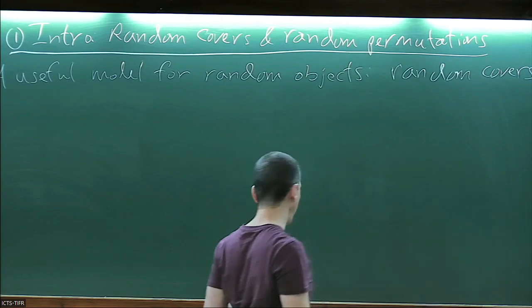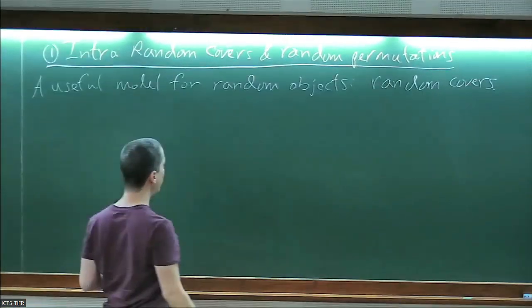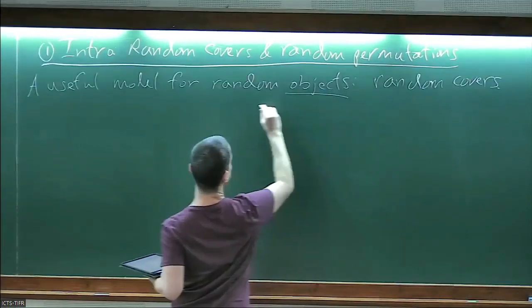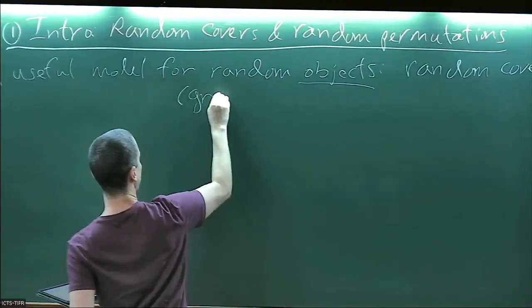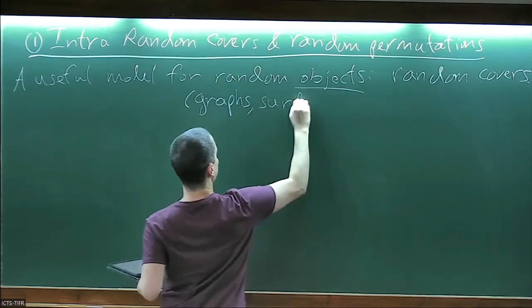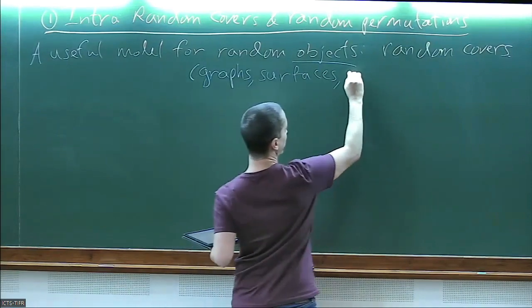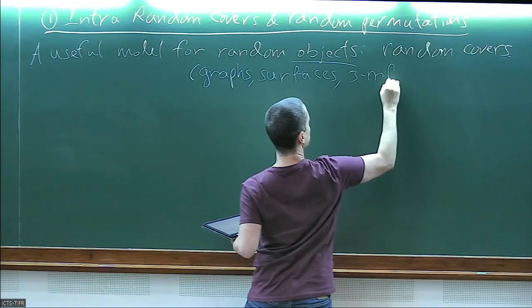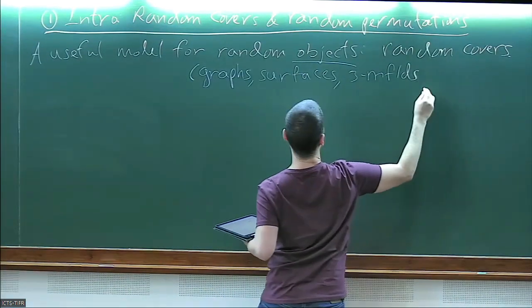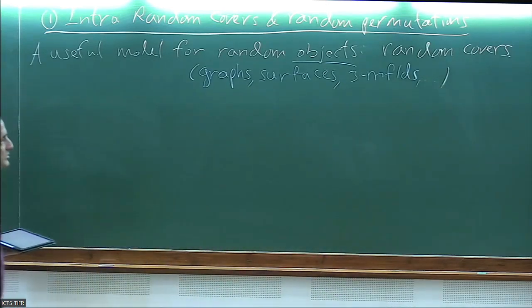So when I say random cover, I mean topological covers. So what kind of objects? You can have in mind graphs, and we'll talk about graphs. We'll talk about surfaces. We will not talk about it, but you can also think about 3-manifolds. So all kinds of topological categories of objects.